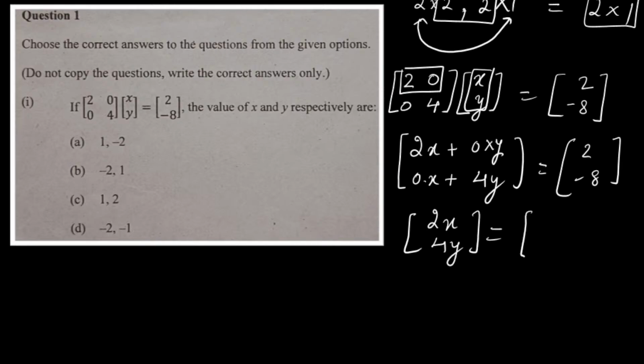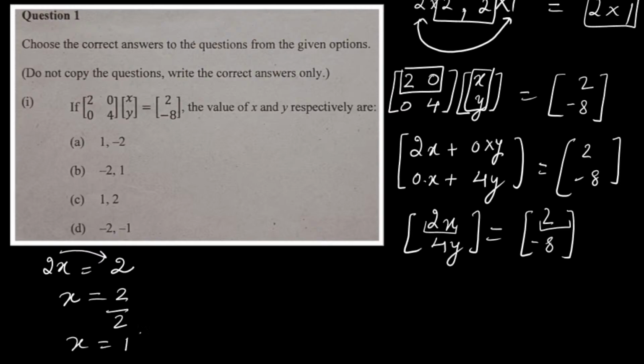Now both sides we have single-column matrices of order 2 into 1, so we can compare the elements. First element with first element: 2x is equal to 2. So x is equal to 2 by 2, which is 1. So the x value we got is 1. You can share your answers.